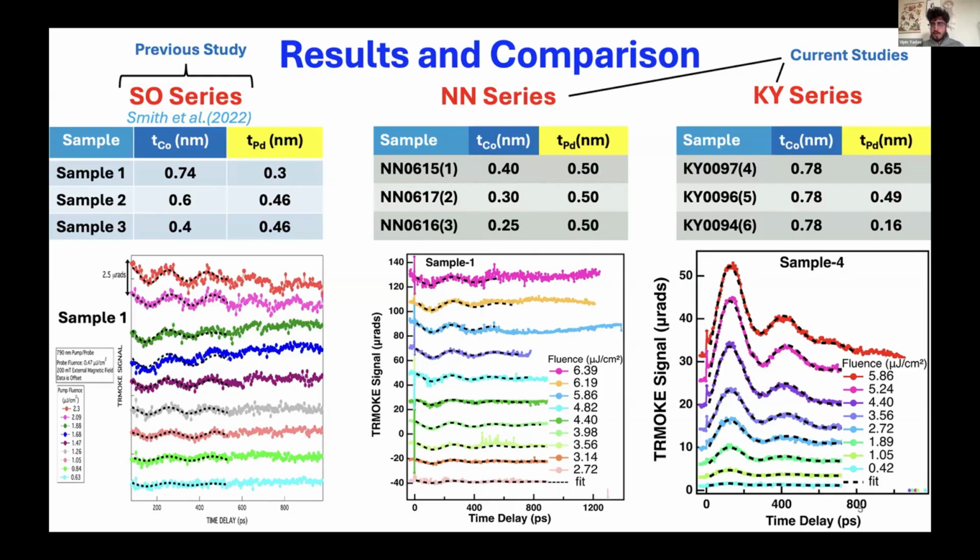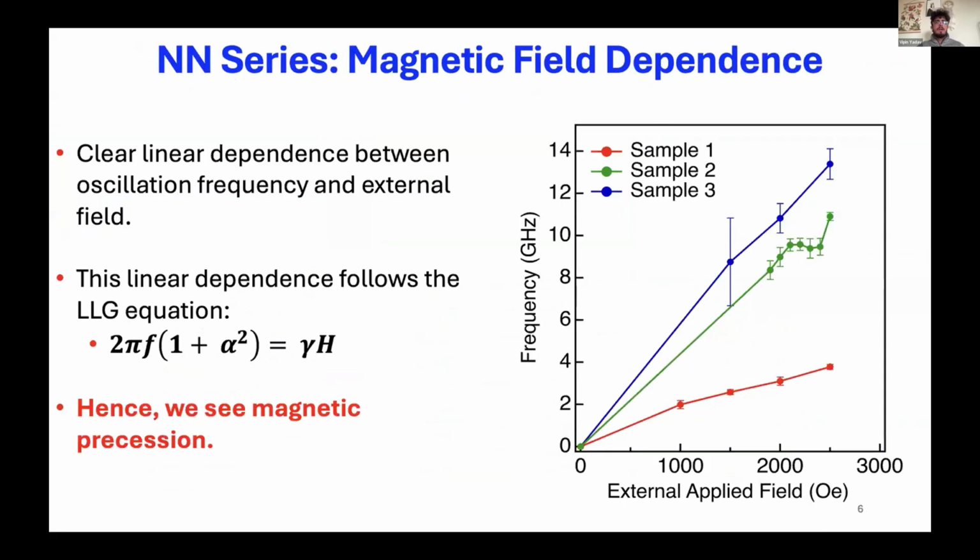And you can see the fluence varying from about 0.5 microjoule to about 6 microjoule per centimeter squared, and we can see clear oscillation and how these oscillations vary with decreasing fluence. I'll come back to these results at the end again and discuss them more qualitatively.